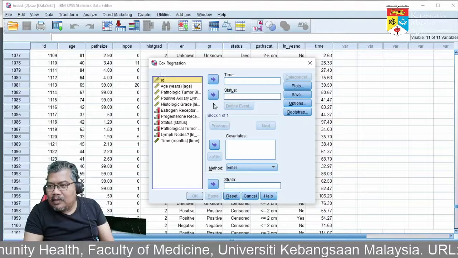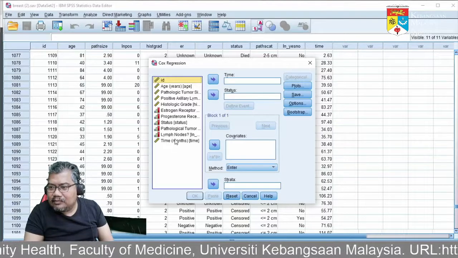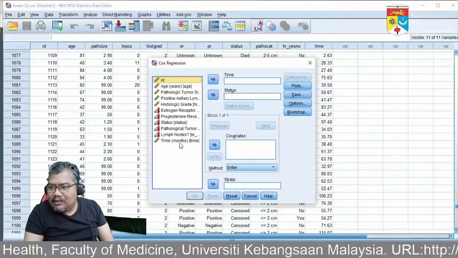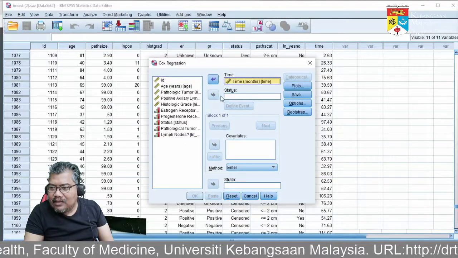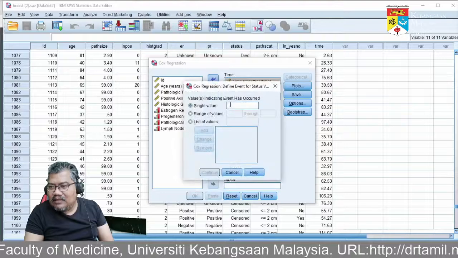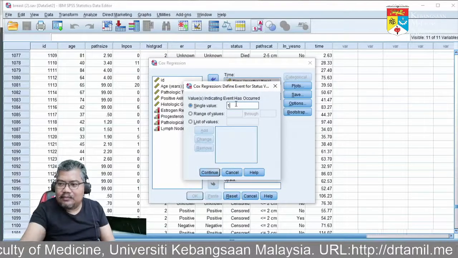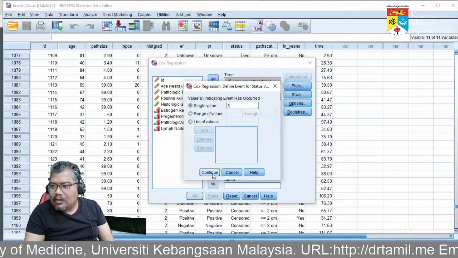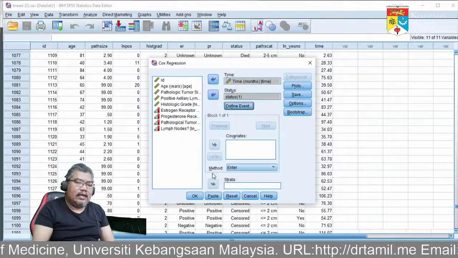Time is months. Status is status. The event is defined as 1. Continue.